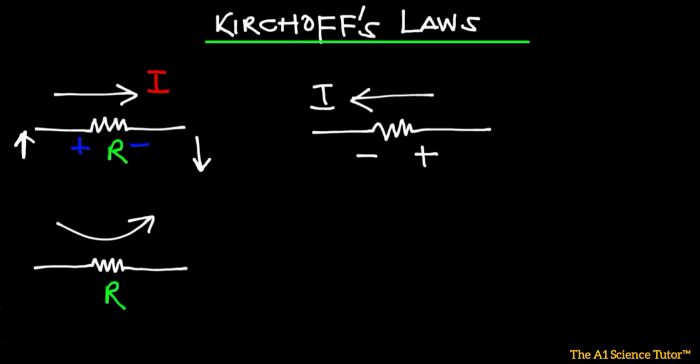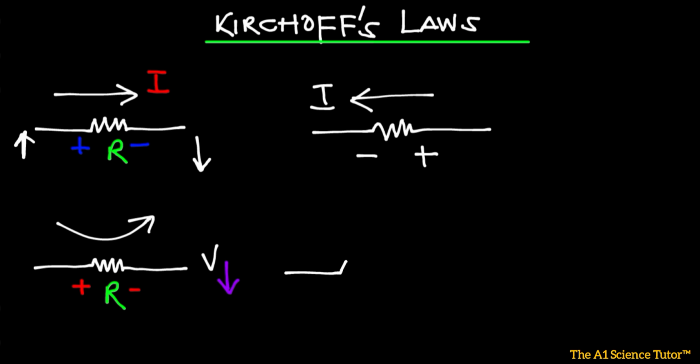In such a case that we have a positive terminal for the resistor here, and on this side we had a negative, would you have a voltage drop or a voltage rise? How are you going to show it? Now, if we come through this direction, what that means is we end on a negative note. So that is going to be a voltage drop. There is going to be a voltage drop because we ended on a negative note.